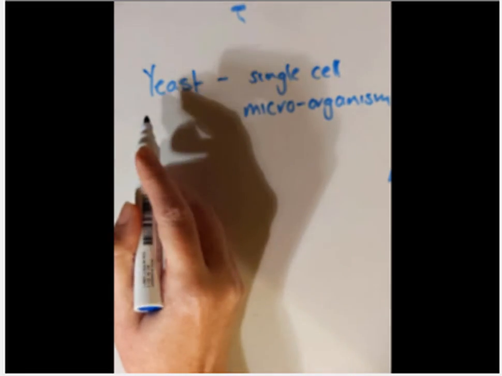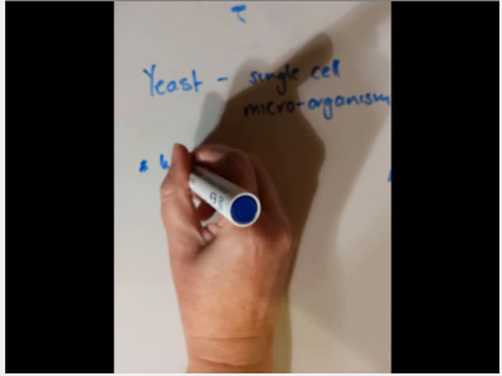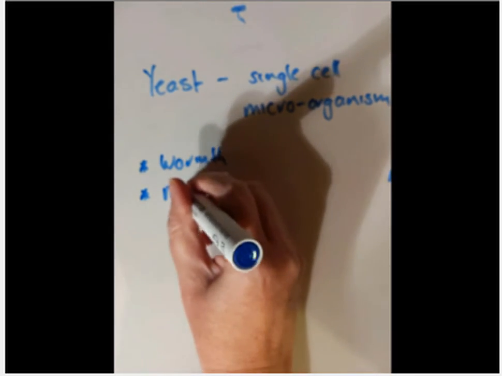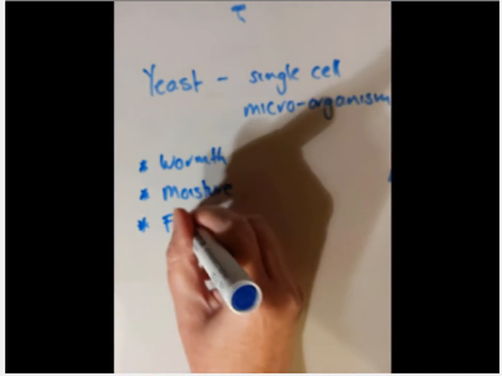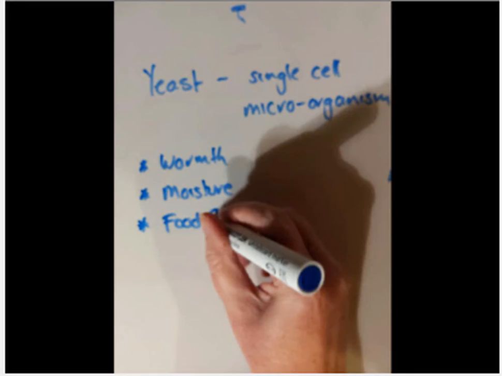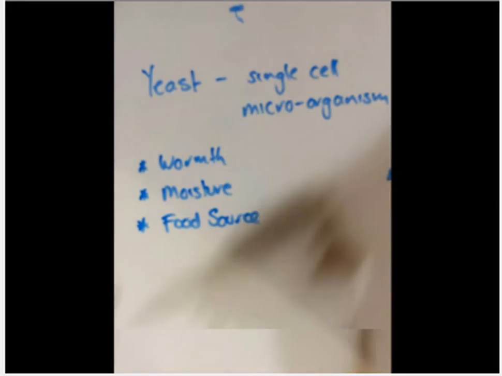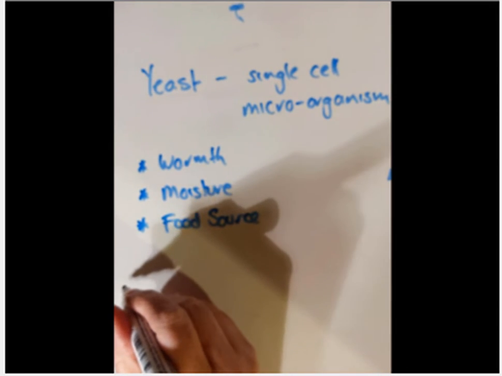And why it's really important is when we give it the right conditions to grow, so that is warmth, moisture, and a food source, what happens to the yeast is it starts growing. And it's this process of growing that is actually what is really important.